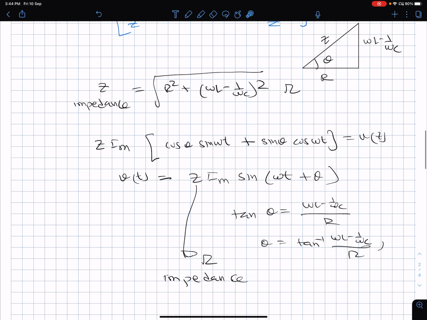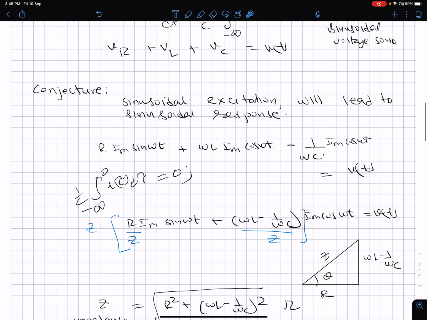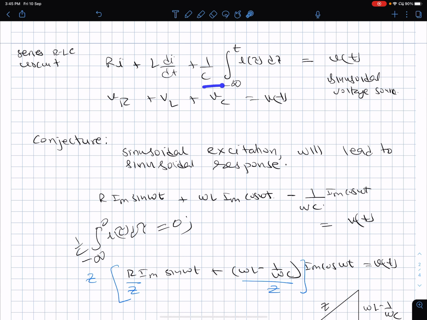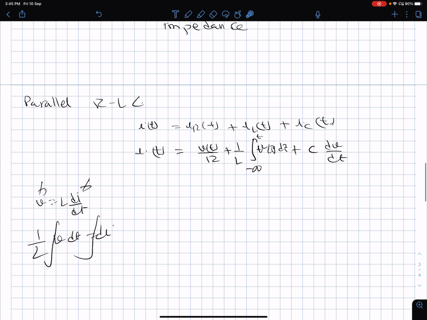So in the series RLC circuit, if you recall, the capacitive term had come with the integral term. Here the inductor term has come with the integral term. In general, circuits like this, which have both differentials and integrals, are called integro-differential equations.